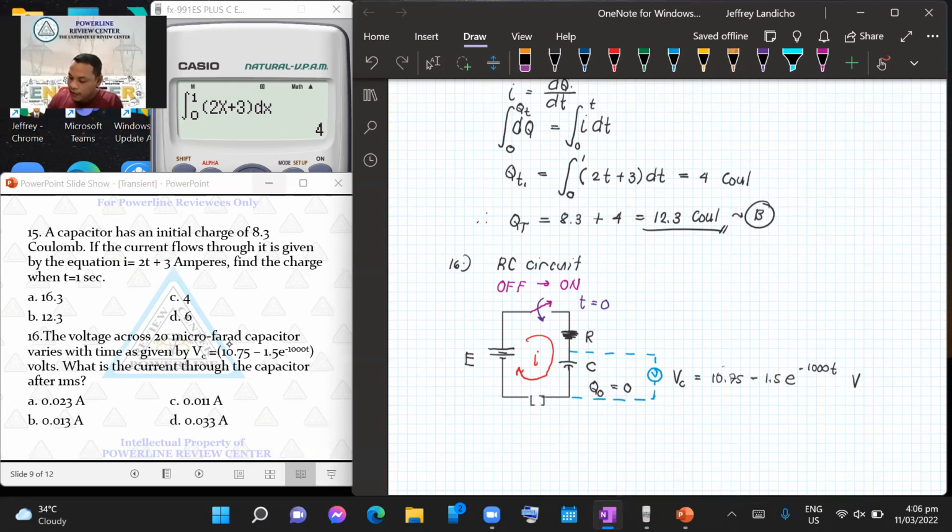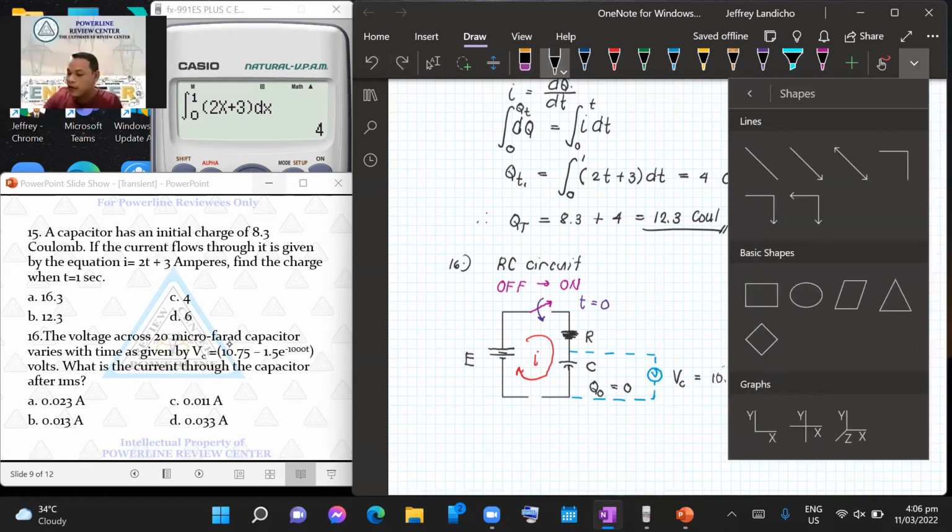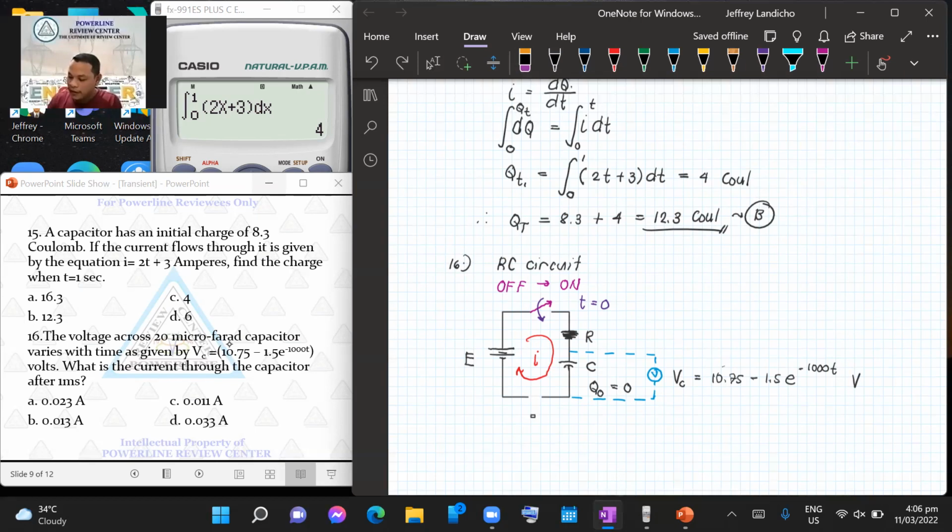Kasi alam natin kung RC circuit lang yan, hindi ganyan yung ating equation ng voltage across the capacitor. Tama ba, kapatid? So, ibig sabihin, in this case, for simplicity, we have other unknown parameters in the circuit. Hindi natin alam kung anong klaseng parameters yan that affect the equation of the voltage across the capacitor. Kasi dapat ito is source voltage A times 1 minus e raised to negative t over lambda.